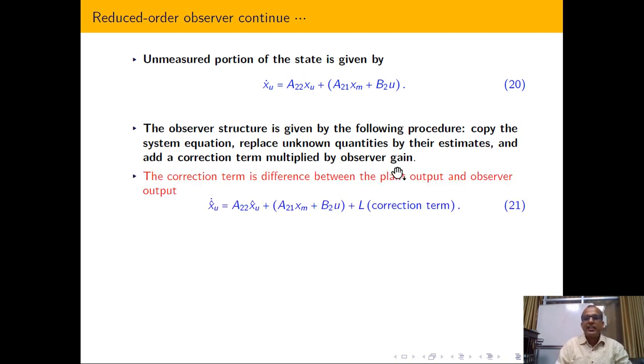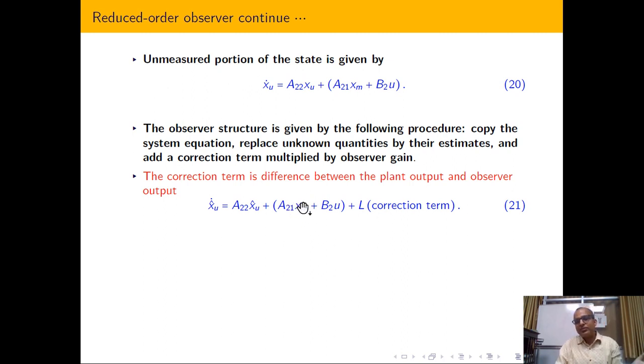So let us see here that I have xu, so I am going to copy. So x hat dot, and after that A22, I am assuming that the system matrix is known to me, and due to that reason I am going to put it as it is, and after that xu hat is here. And here you can see that I am assuming that xm is directly measured, and due to that reason I am not going to make a copy.